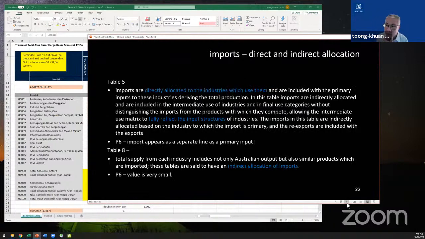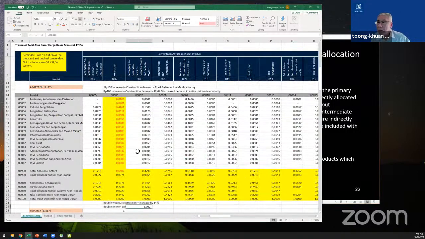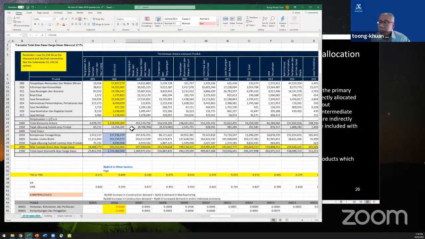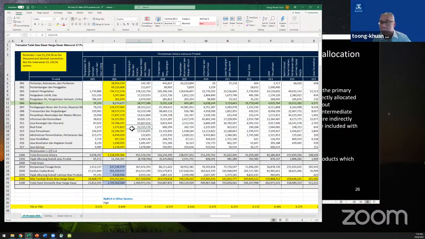Okay, imports. Let's look at imports. Imports need a little bit of time. When you look at imports, let's go back to this table here. No, I can't show you this one.